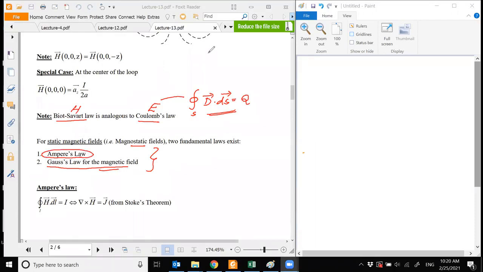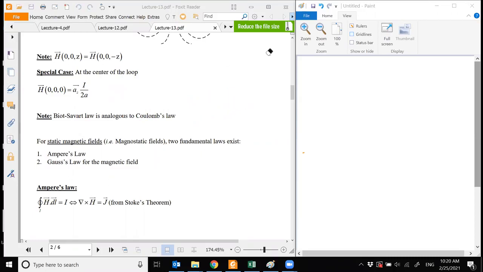So what does Ampere's law state? Ampere's law states that the closed line integral of my magnetostatic field along any closed line, or along any closed path, is equal to the current which is enclosed in that path.